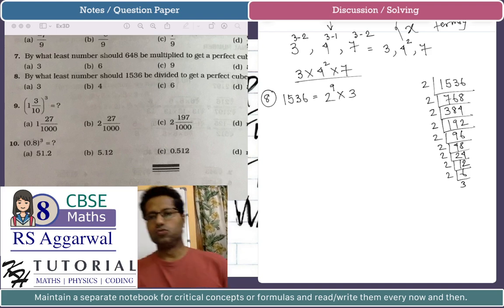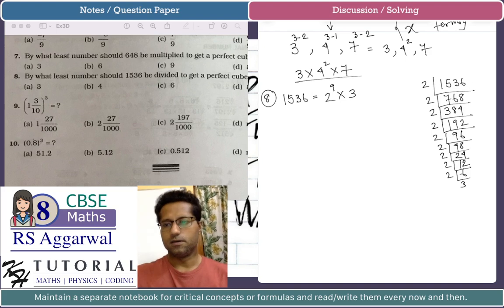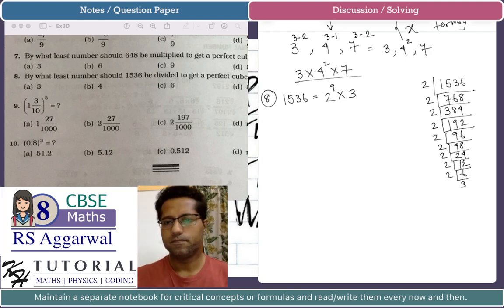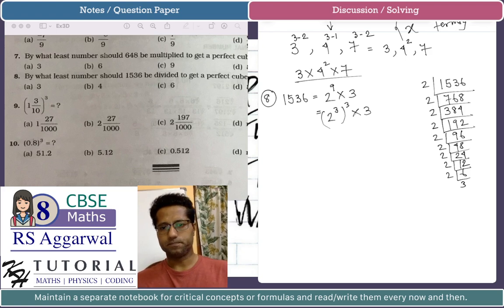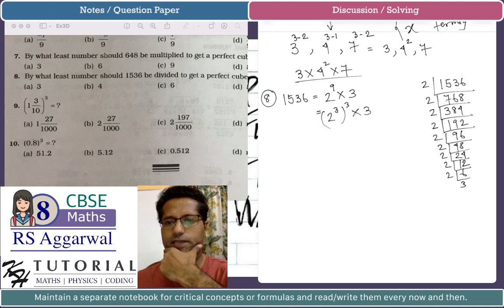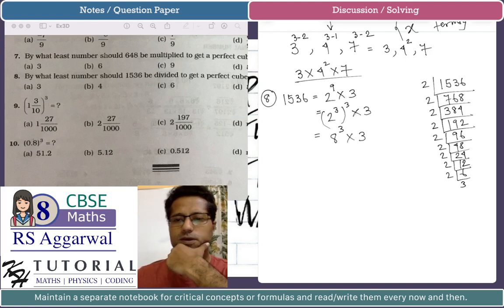Now 2 to the power 9: the power 9 is a multiple of 3, so this is 2 to the power 3, whole cube. So from this we can see that 1536 is 8 cube multiplied by 3.